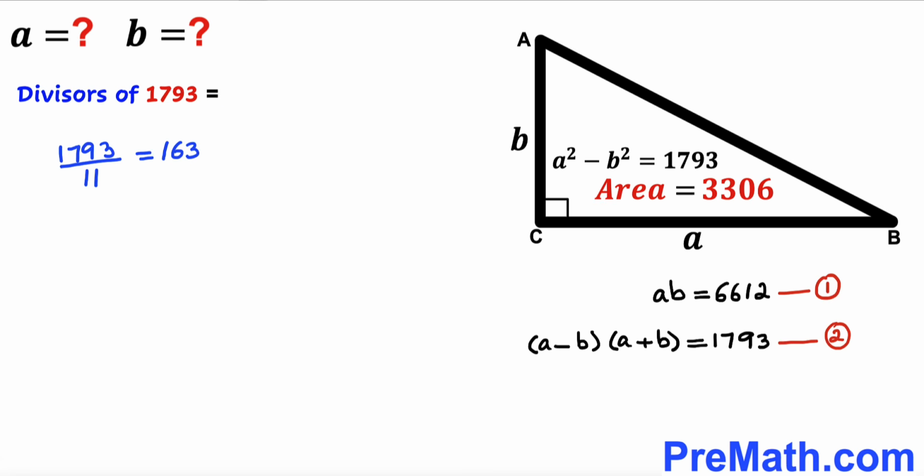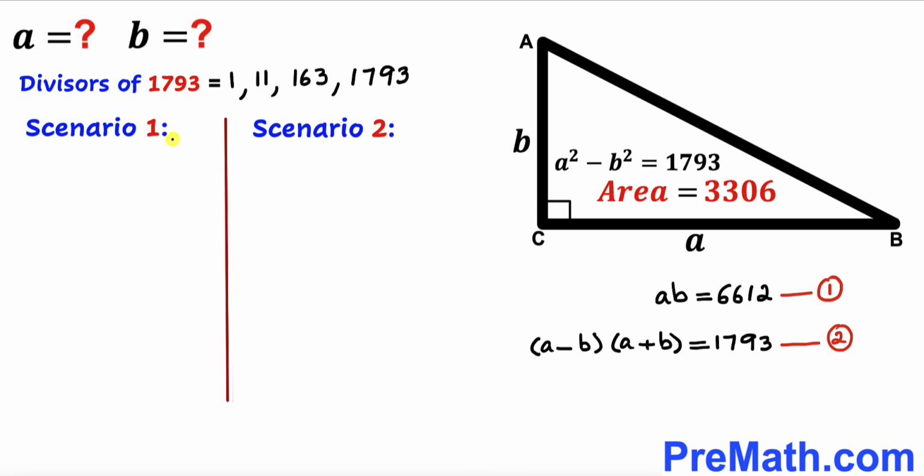Therefore the divisors of 1793 are either 1, or 11, or 163, or 1793 itself. So we are going to consider two scenarios, scenario 1 and scenario 2.